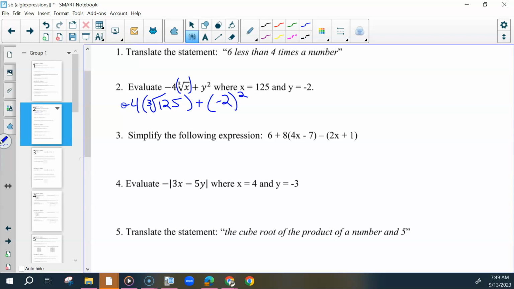I think this one was similar to one on your test. You would need to take the cube root of 125 and apply your square here. So you have -4 times 5 plus 4, multiply, and add.